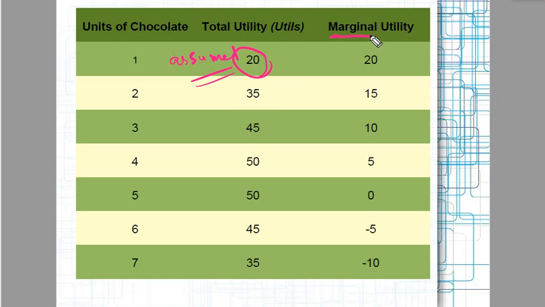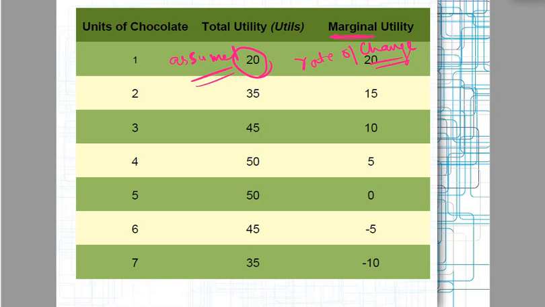Now what is marginal? Anything marginal is just the rate of change, or for the time being, you can simply call it change.